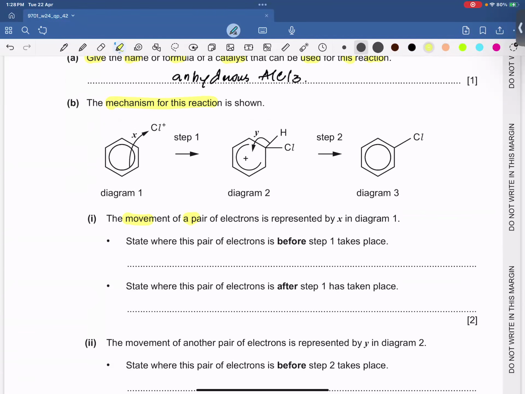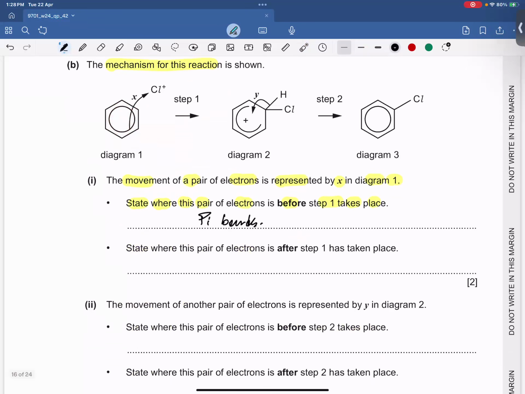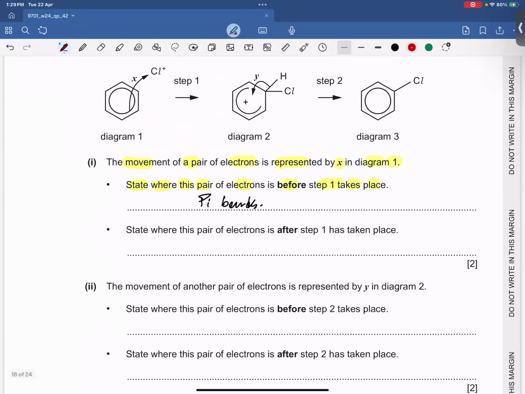The movement of a pair of electrons is represented by X in diagram 1. State where this pair of electrons is before step 1 takes place. The pair of electrons actually exists in the pi electrons, or in the pi bonds. Before the reaction starts, where were they? In the pi bonds.